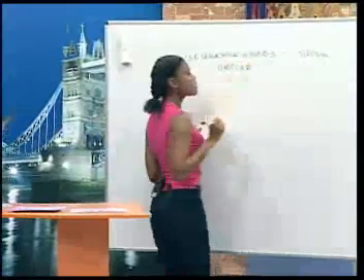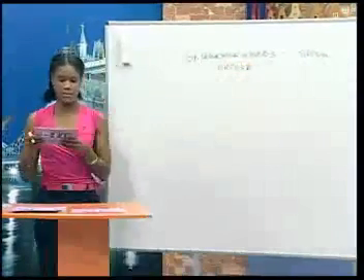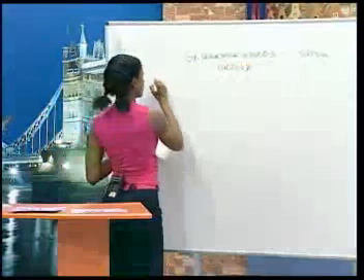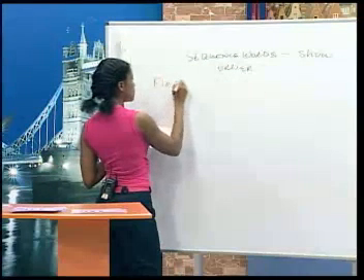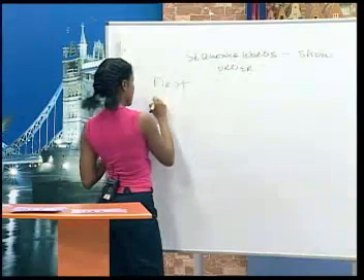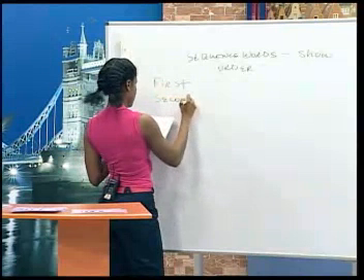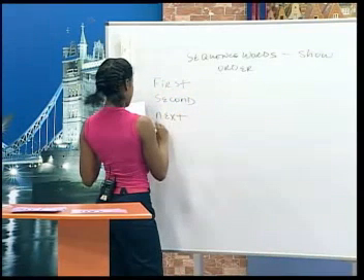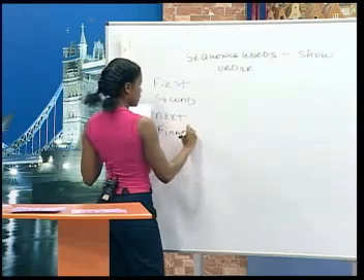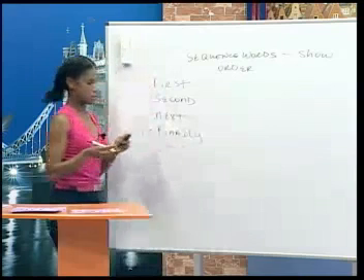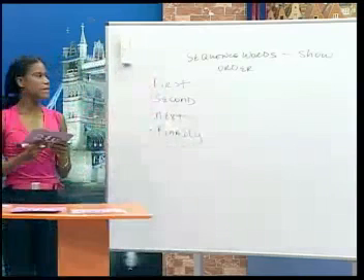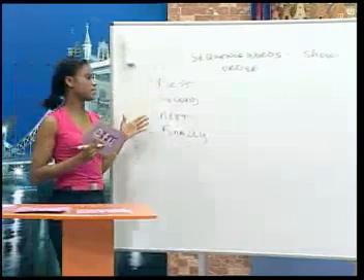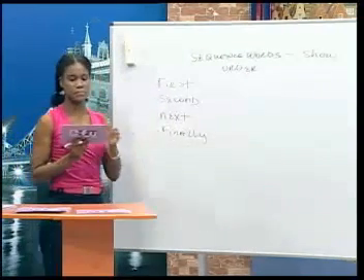They tell us which order the events happen. Some examples of sequence words are first, so of course something happened first, second, next, finally. Okay, so first, second, next, finally.